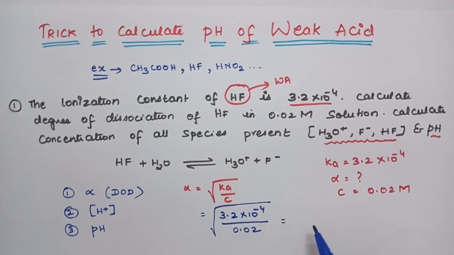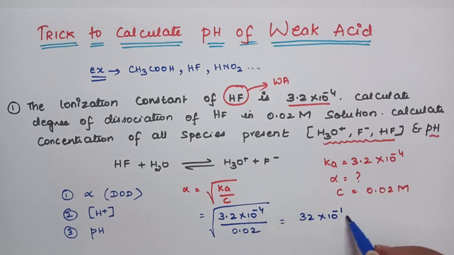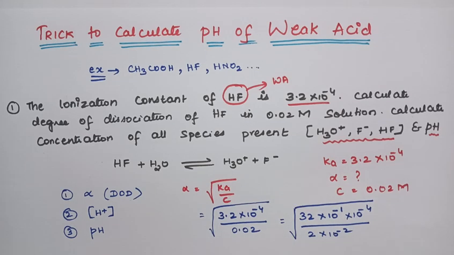So let us simplify this one. 3.2, I'll write it as 32 into 10 to the power of minus 1. And then you have 10 to the power of minus 4 divided by 0.02. You can write it as 2 into 10 to the power of minus 2. So I'll write it inside the square root.